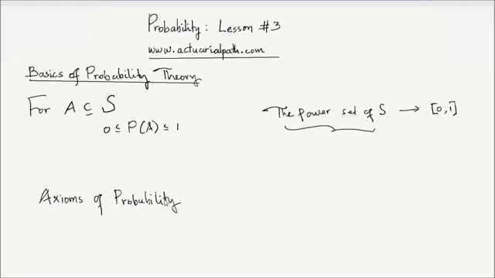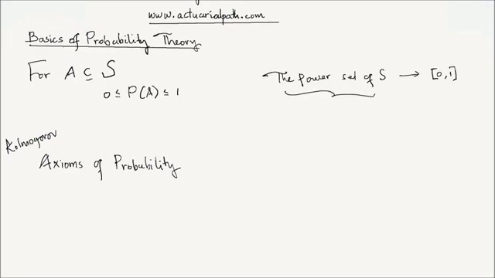These axioms are actually called the Kolmogorov axioms. And the first axiom is that for any event A, which is a subset of a sample space, the probability of A is greater than or equal to 0.